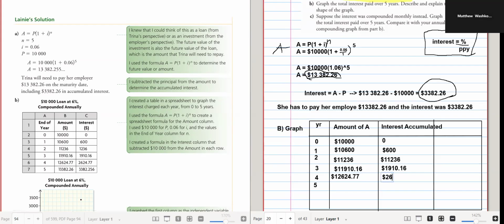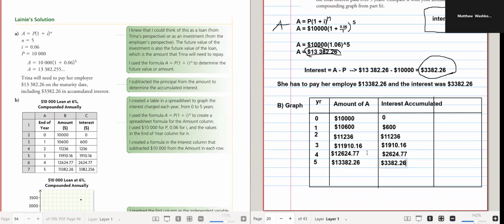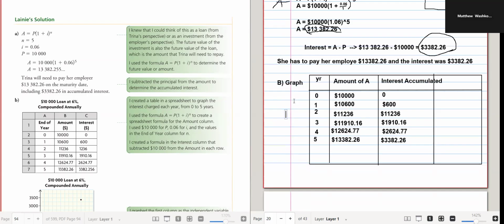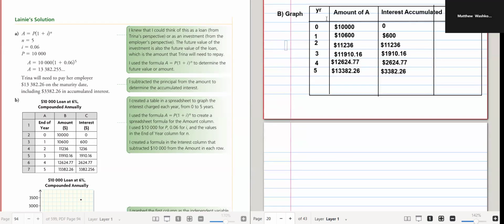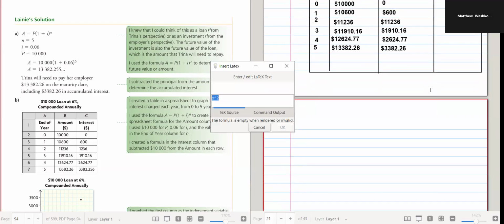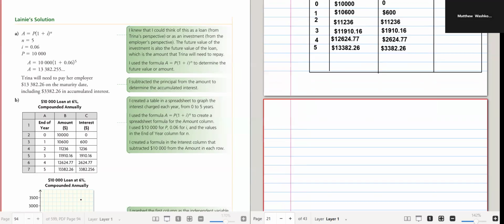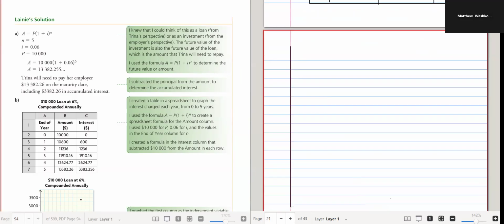Total interest $2,624.77, and then year 5 was $13,382.26, which means the total interest is $3,382.26. Okay, so we now have the points to graph it. So draw yourself a nice basic coordinate system here, something like this.